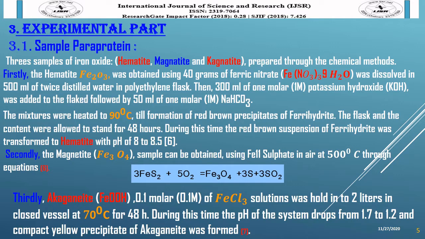Experimental part. Here we have the sample preparation. We have three samples of the iron oxide: hematite, magnetite and kagnatite, prepared through the chemical method.